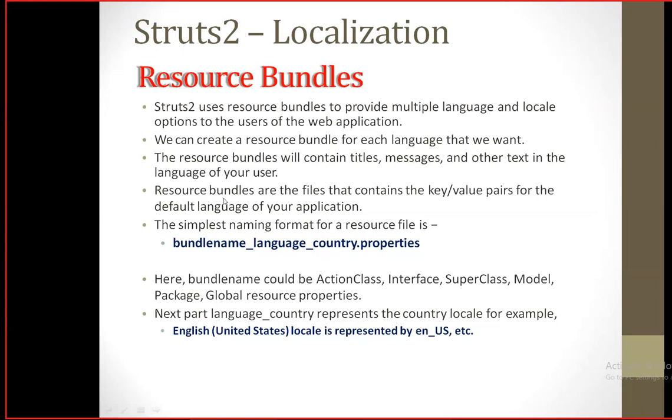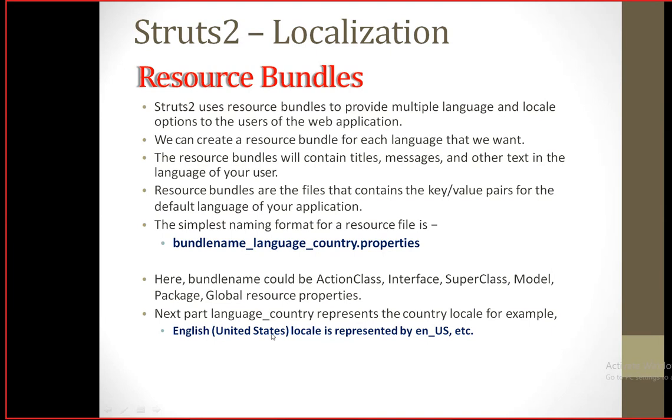These resource bundle files will contain some key value pairs, and that will define your default language for the application. If you want to define your own resource bundle, then you have to create a .properties file. The format for naming that file is the name of the bundle, the language, and the country for that resource bundle.